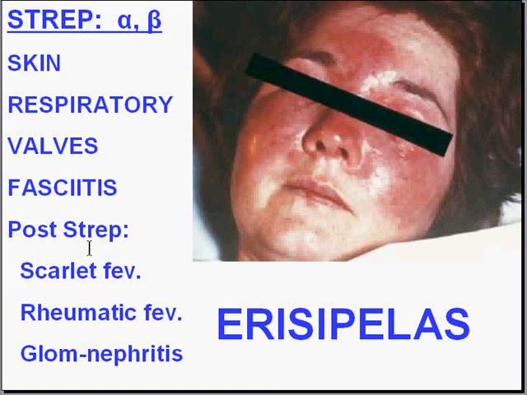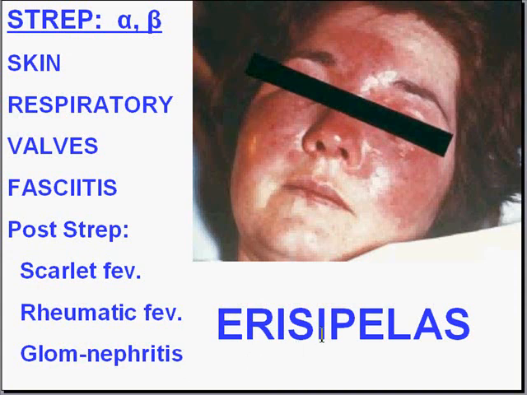The point I'm trying to make is that one of the big differences between strep and staph is that strep is associated with sequelae of diseases which may not be caused by the bacterium directly, but are known to follow the strep infection, like scarlet fever, rheumatic fever, and glomerulonephritis.